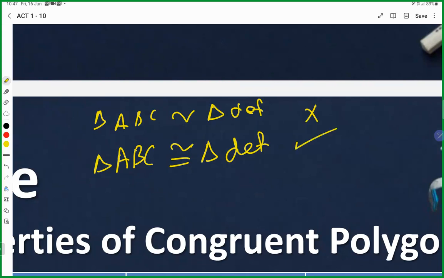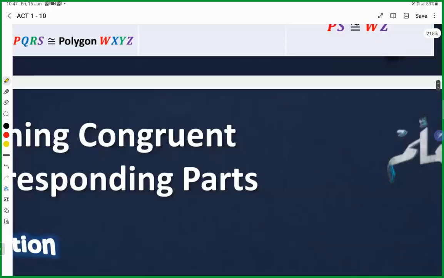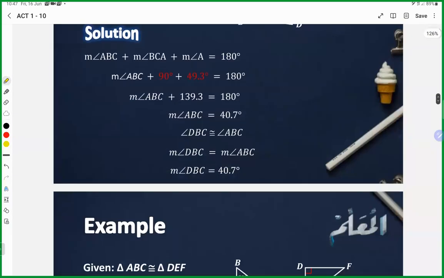Yes, they are similar. Congruent triangles are always similar, but similar triangles are not always congruent. Okay? Remember this.